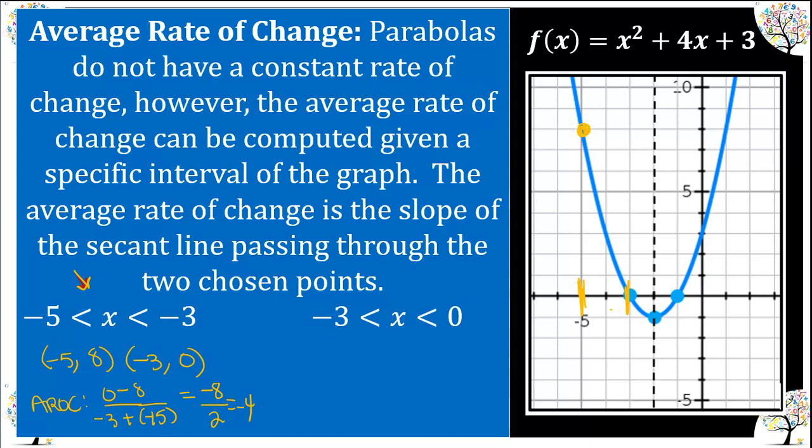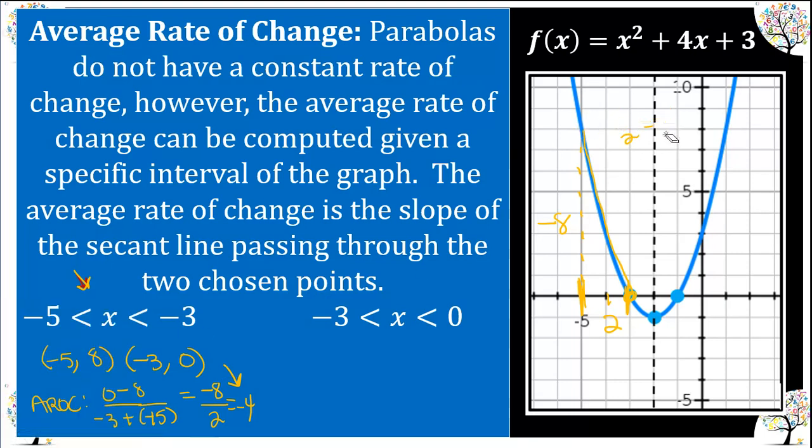So we have these 2 points. Again, we're looking just in this range of how steep the graph is in that area, and we have this secant line, and so we do rise over run. So it's going down 1, 2, 3, 4, 5, 6, 7, 8. And it's going to the right 1, 2. So again, we have -8/2, which is that -4 that we calculated algebraically.